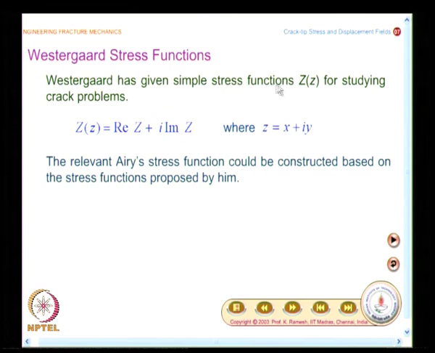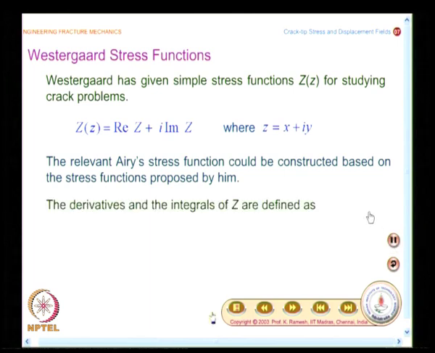So, what you have is, we now take up an analytic function capital Z, which is represented as a real part of Z plus i imaginary part of Z, and based on Z we would construct a relevant Airy stress function for a given problem. And there are also other relationships that are needed for us to carry on further. We have to look at how to represent the derivatives and the integrals of Z. They are defined as follows.